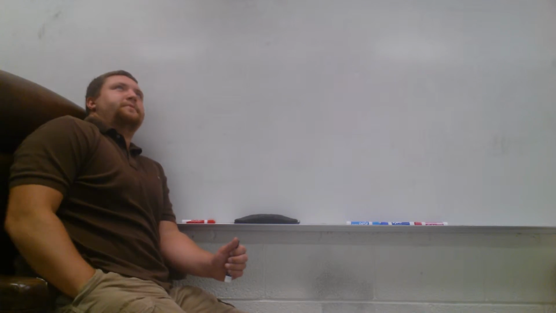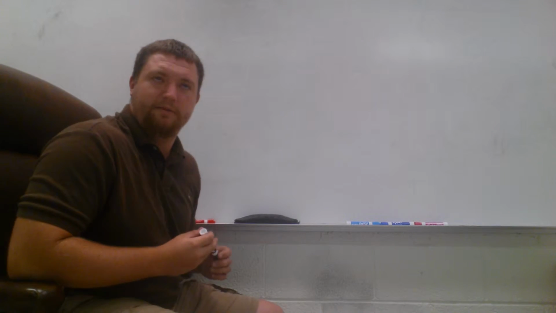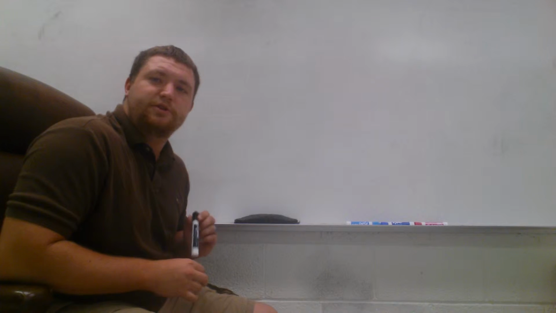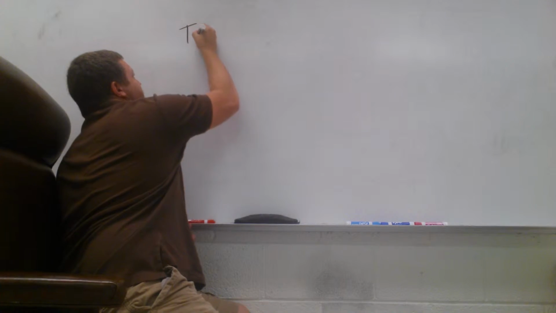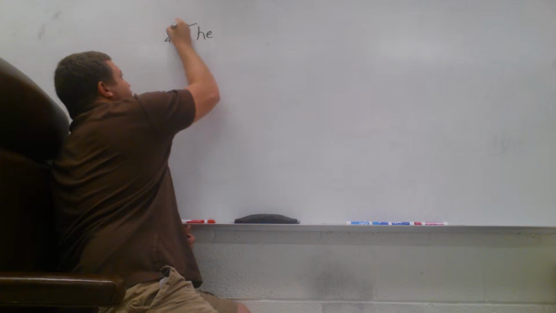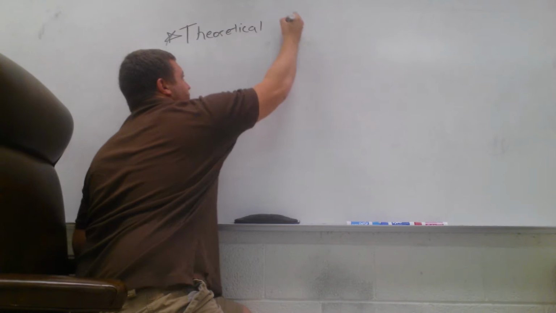So I'm going to pull out a coin. Trusty old penny. I'm going to flip that penny in a minute. But we're going to talk about two types of probability. There's theoretical probability.